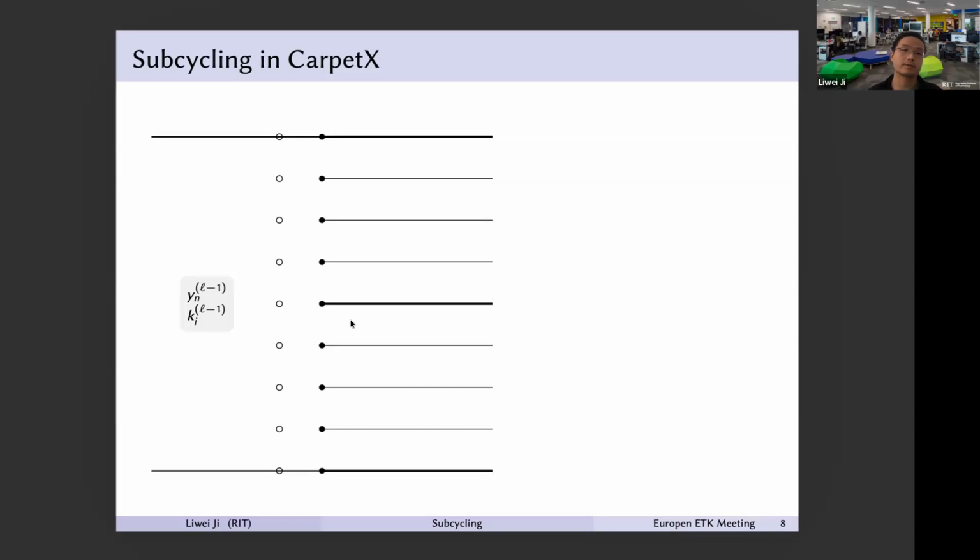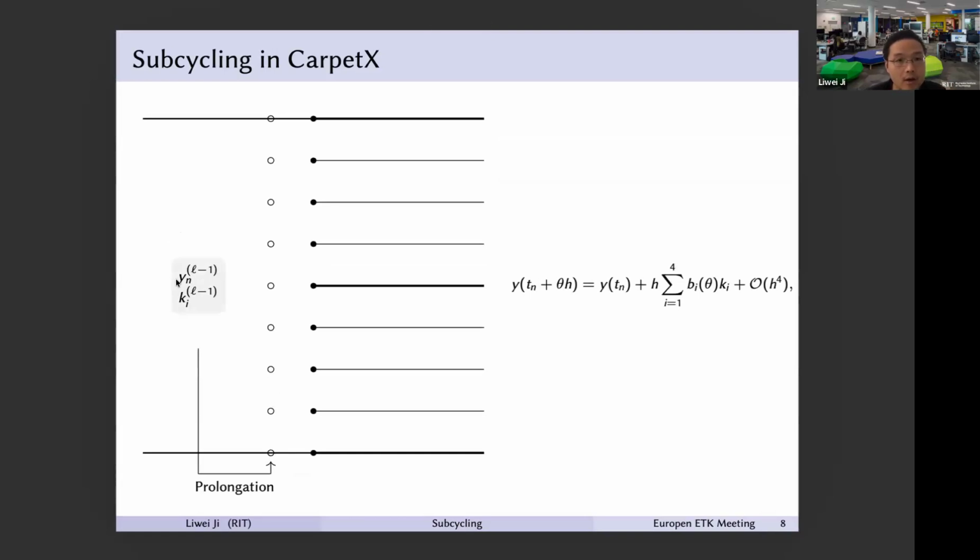So first we do a time stepping on the coarse side, then after that we prolongate all these variables Yn and all the k's to the ghost points of the fine side. We do a prolongation such that the ghost points of the fine level will have a copy of all these variables.